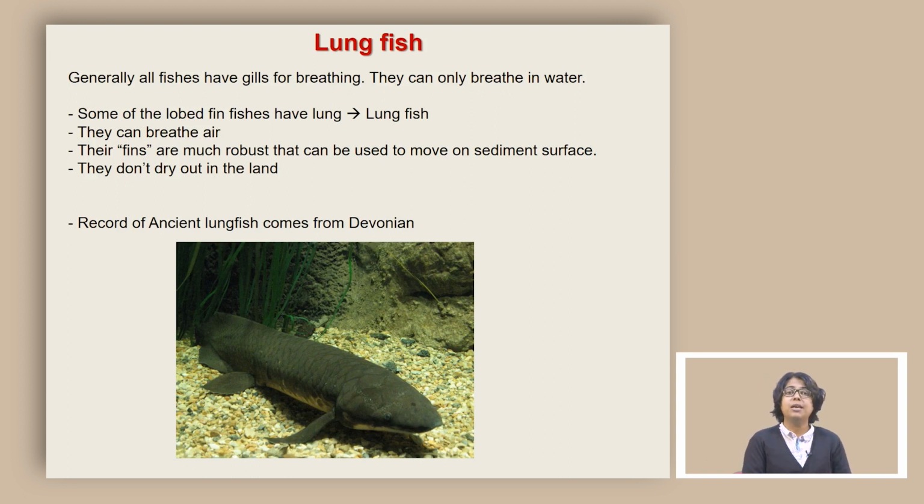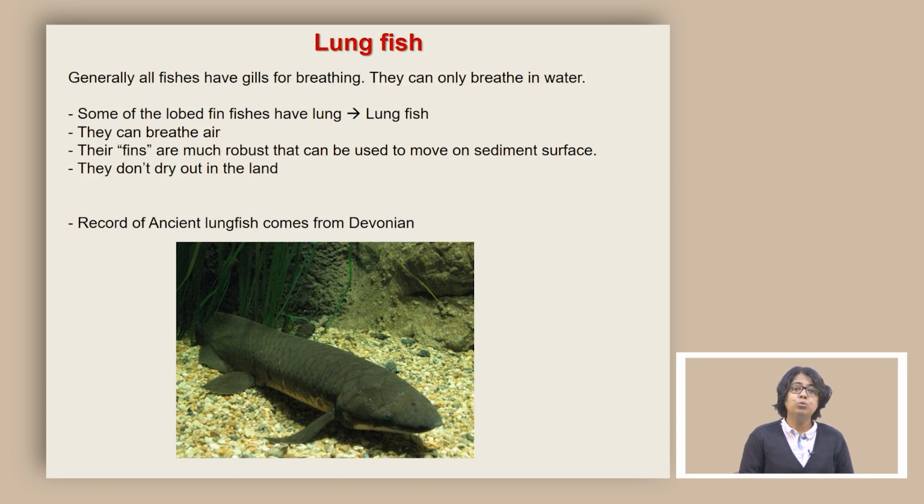Often this African lungfish has been found to breathe air, especially when the rivers or the ponds dry up, and then they are in a muddy puddle where there is not enough air inside the water, and also not enough water for them to swim.